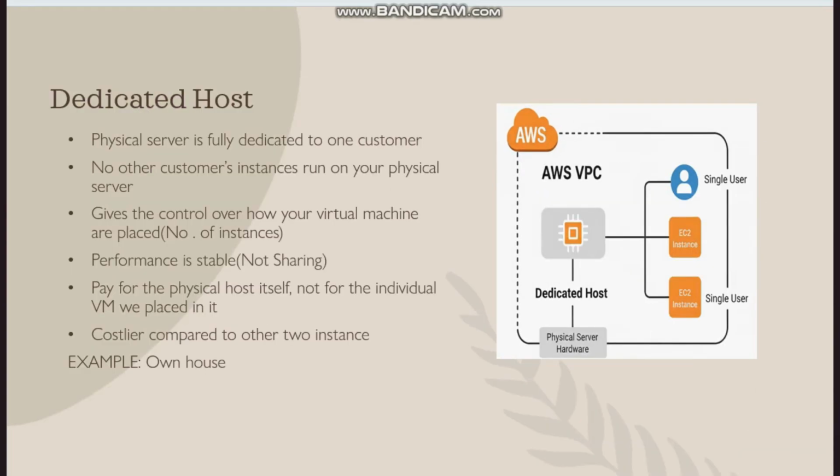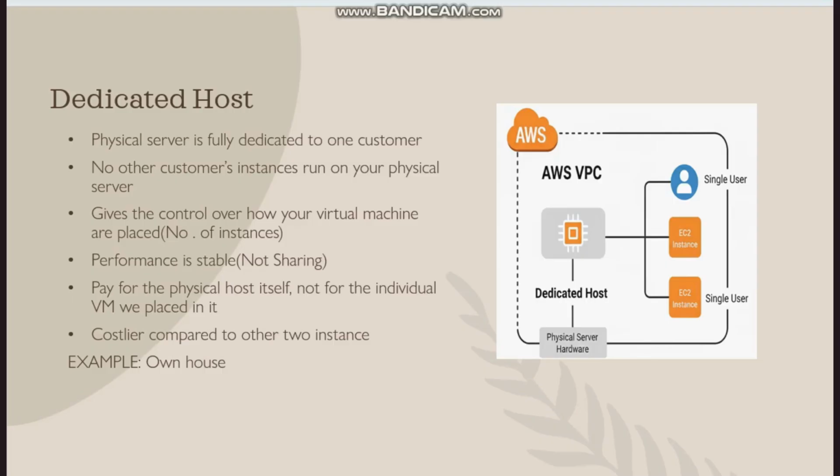Dedicated host. Dedicated host means the organization can buy the entire physical server, which means the organization will decide how many instances should be placed on that particular physical hardware. So here full control is given to the organization over how the virtual machines are placed.